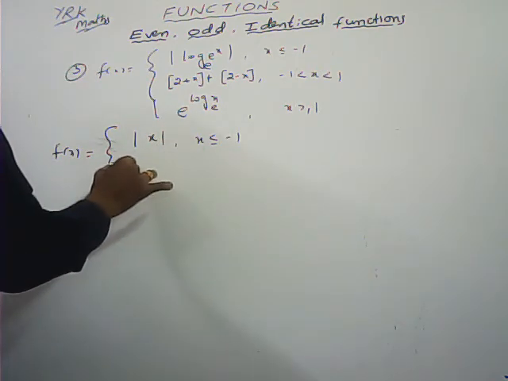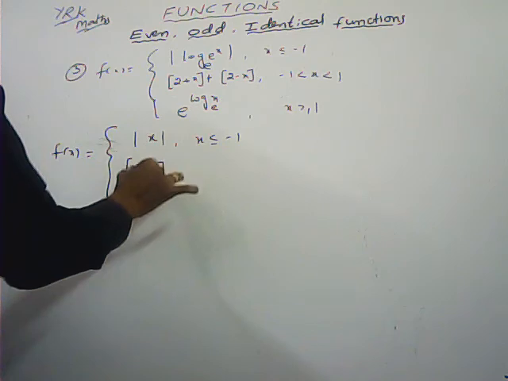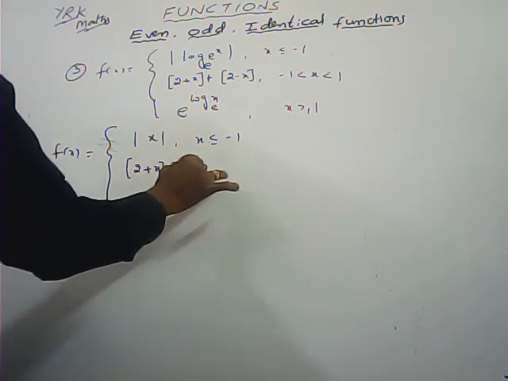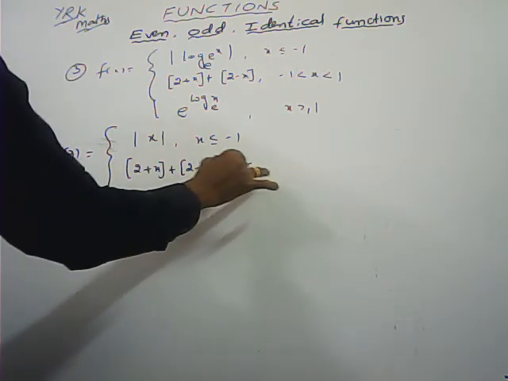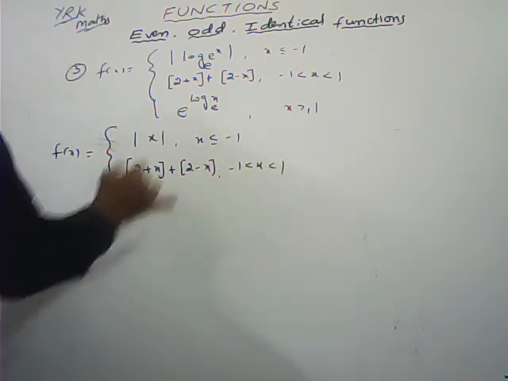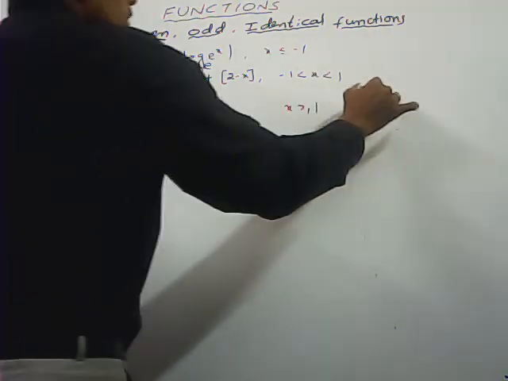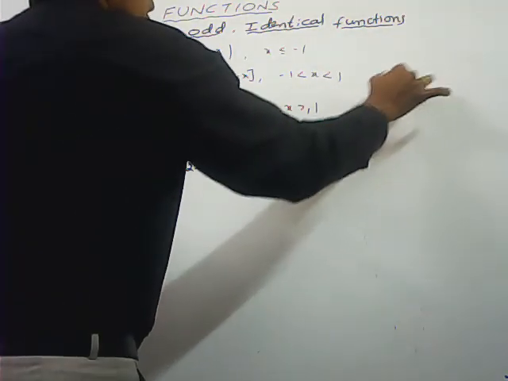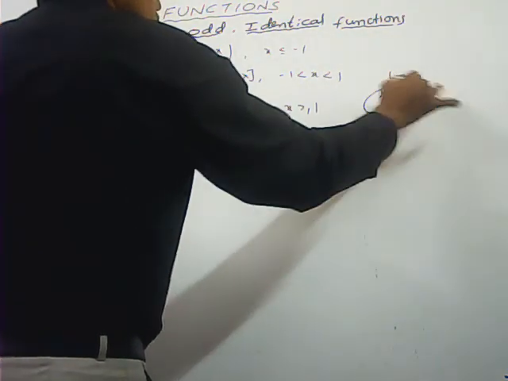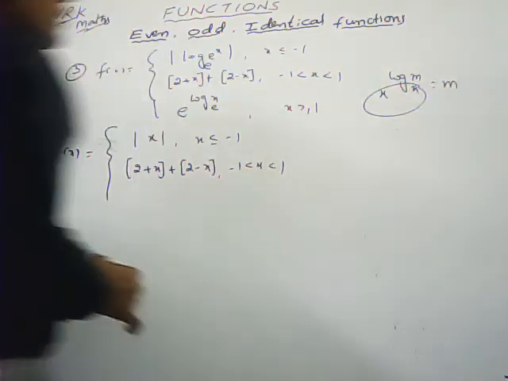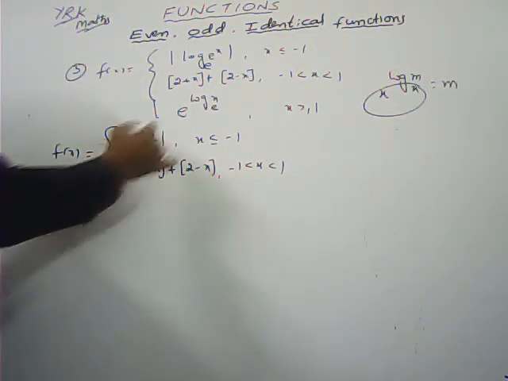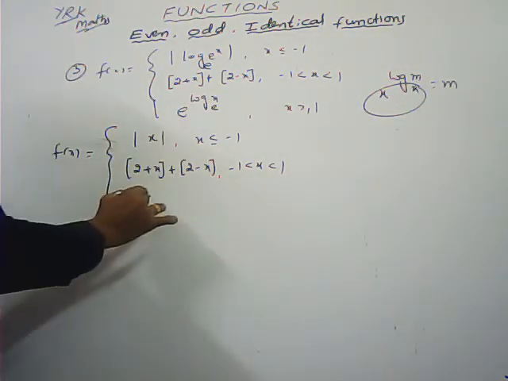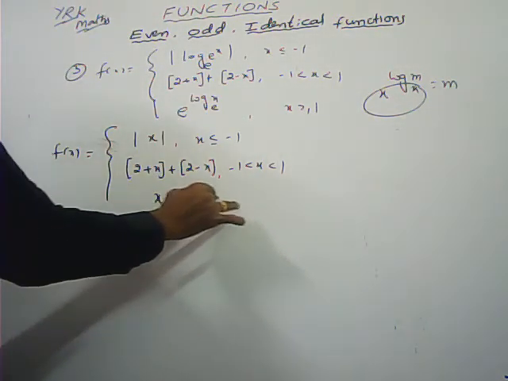Then 2 plus x plus 2 minus x, here minus 1 is less than x is less than 1. Here one more formula is there, x power log m to the base x. If these two are the same, that is equal to m only, that is the logarithmic property. So here these two are the same, that is equal to x, here x is more than or equal to 1.